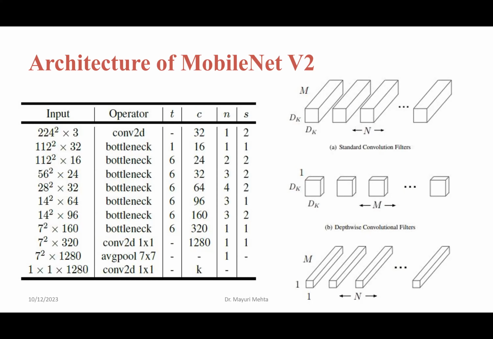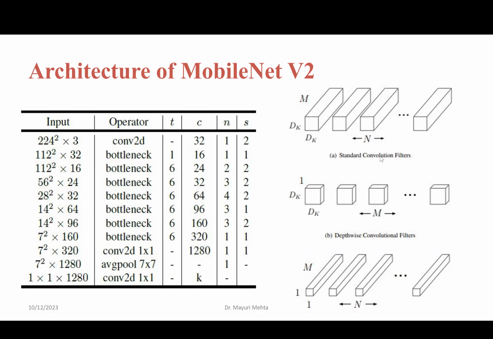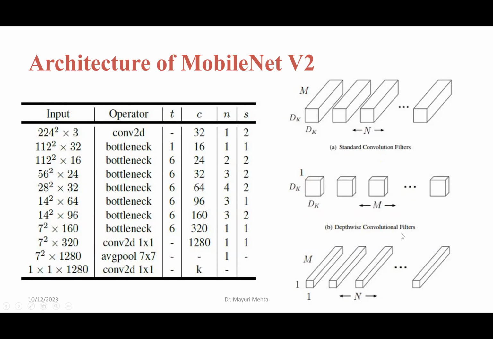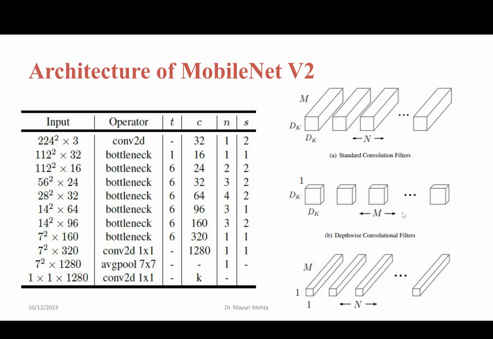When we present them in tabular form, each row gives us an idea of a layer, like parameters related to one layer. And on the right side figure, you can see how the depth-wise convolution filter differs from a standard convolutional layer. Like I told you, depth and width are separated. So this is about the MobileNet architecture.